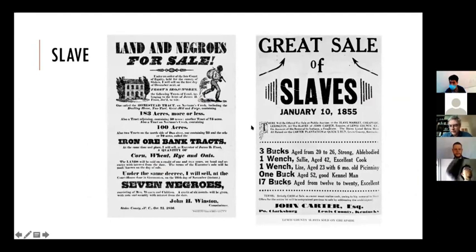The slaves, are they persons or are they objects? Persons regarded as objects. Objects for sale.